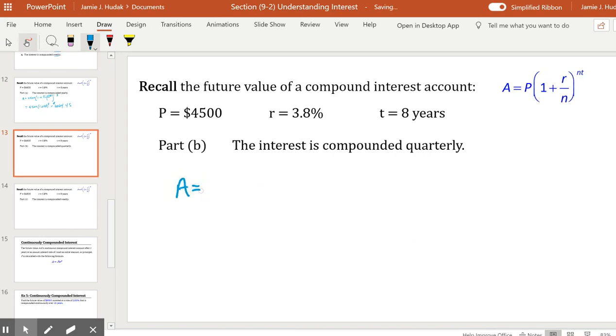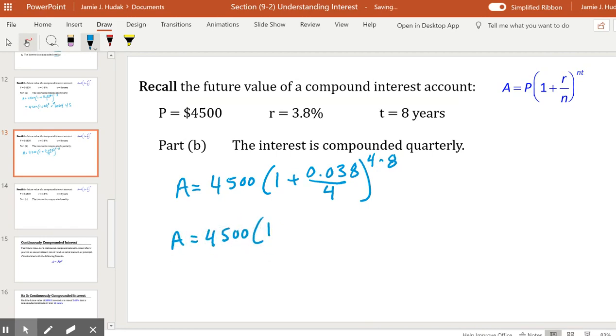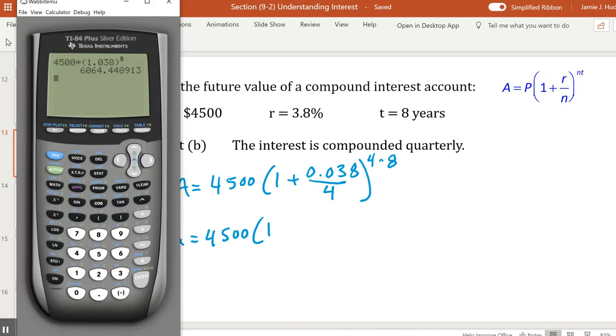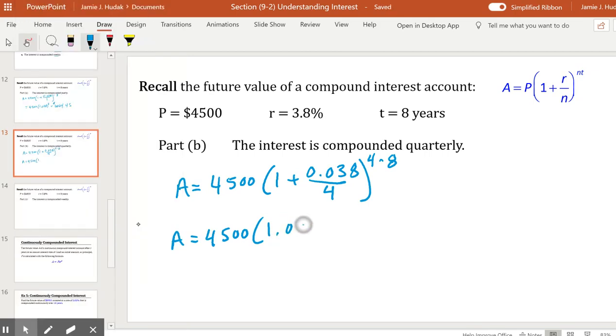Let's see what happens when we increase that compounding to quarterly. The future value A is equal to 4,500 times 1 plus 0.038 over 4, because quarterly means 4 times per year. We put that 4 in the exponent multiplied by the number of years. So I want to figure out what this decimal is here. 0.038 divided by 4 gives me 0.0095, and then we add 1 to it, and that is what is inside the parentheses, 1.0095 raised to the 32 power.